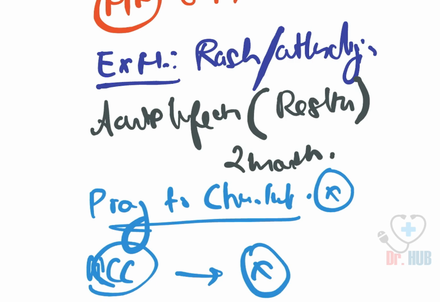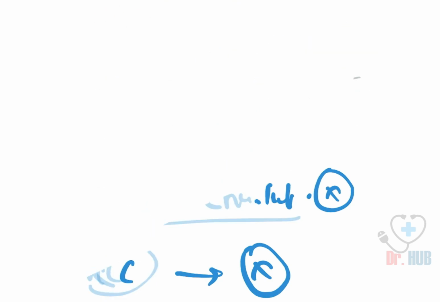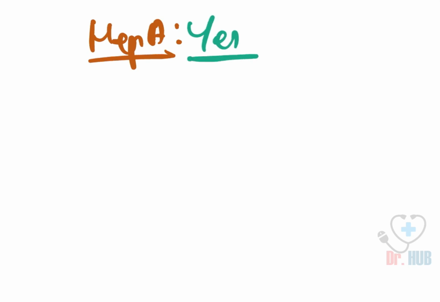Next, we look at the vaccines. Is there a vaccine for hepatitis A? The answer is yes, it is available. And looking at therapy, there is none.